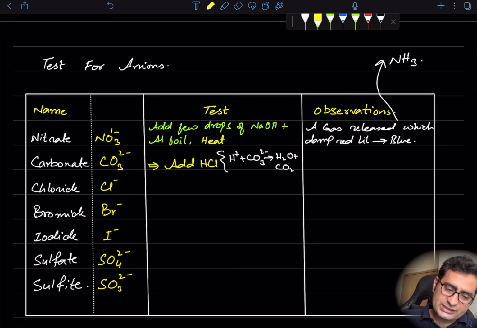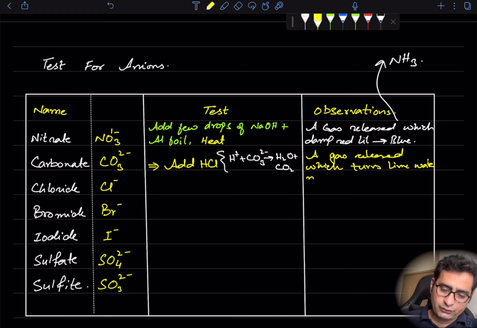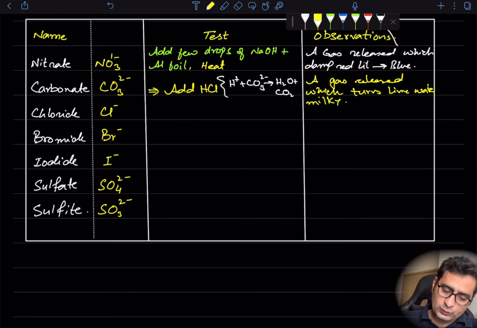And the test for this carbon dioxide: a gas is released which turns lime water milky. Actually, lime water is calcium hydroxide. When it reacts with carbon dioxide, this is the equation.